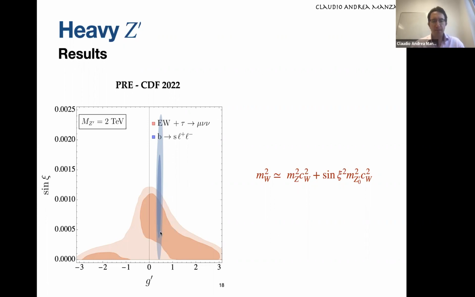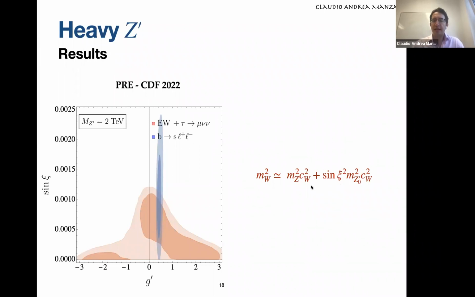Now, this result includes the electroweak precision observables before the last CDF measurement of M_W. So how do we expect this result to change after this measurement? Well, here I reported the prediction for the W mass in terms of the parameters of our model.